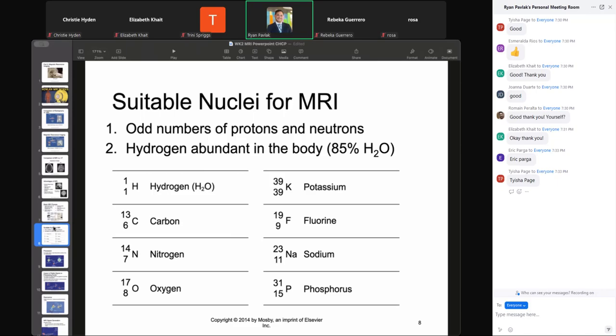One proton, single shell nuclei atom that's, more or less, abundant in every single part of our body. So it makes it very, very useful when we are looking at a human.